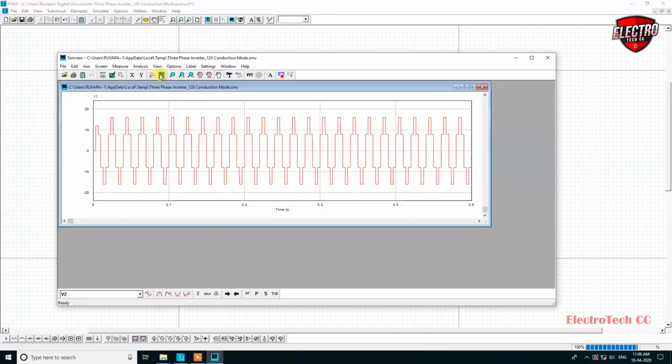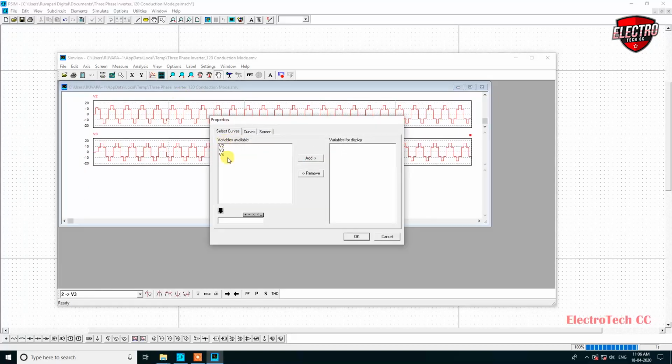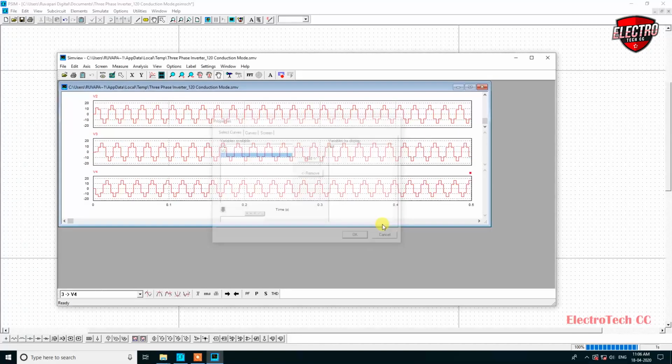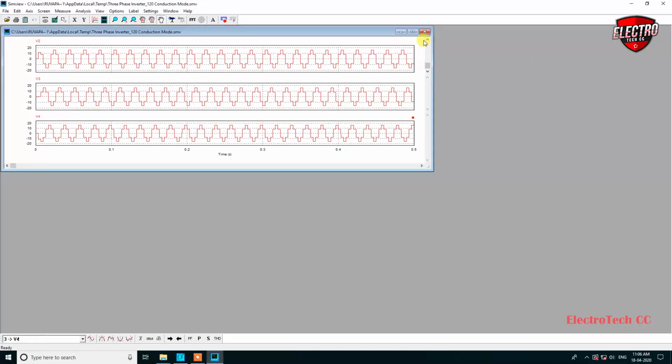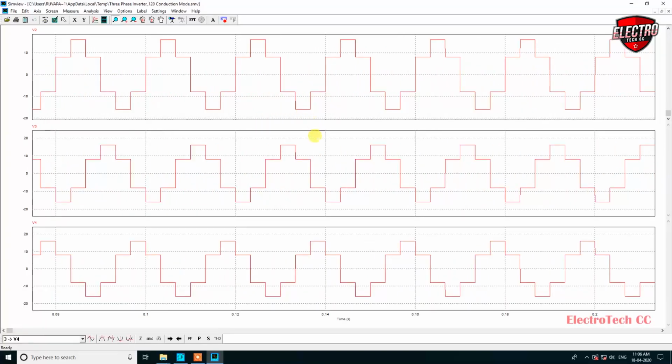First phase, and second phase and third phase. The phase voltage waveform of 180 conduction mode is similar to the waveform of line voltage in 120 degree conduction mode. So this is 180 degree conduction mode.